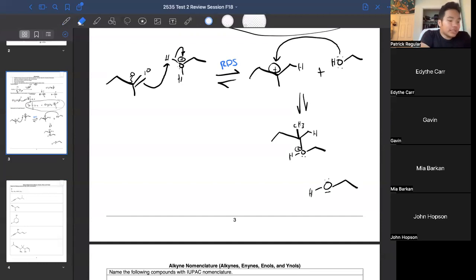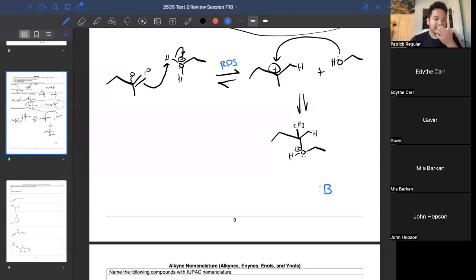For this step in particular, something that is perfectly acceptable is writing B and then a lone pair, because that is any convenient base. And that B represents a Lewis base, because a Lewis base always has a lone pair. It's willing to give up and just basically take away a hydrogen. So that's whatever convenient base you have right there.